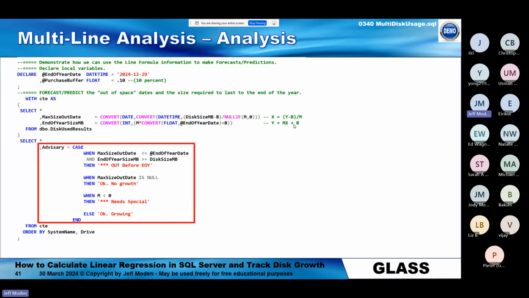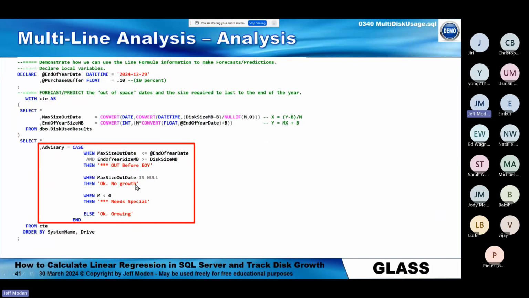And then here comes the artificial intelligence. Dun, dun, dun. Yeah, it's not artificial intelligence. It's just good code. This is what they call machine learning. And it's all based on all the linear regressions that we have. And we're saying, hey, under these conditions, we'll be out of disk space before the end of the year.